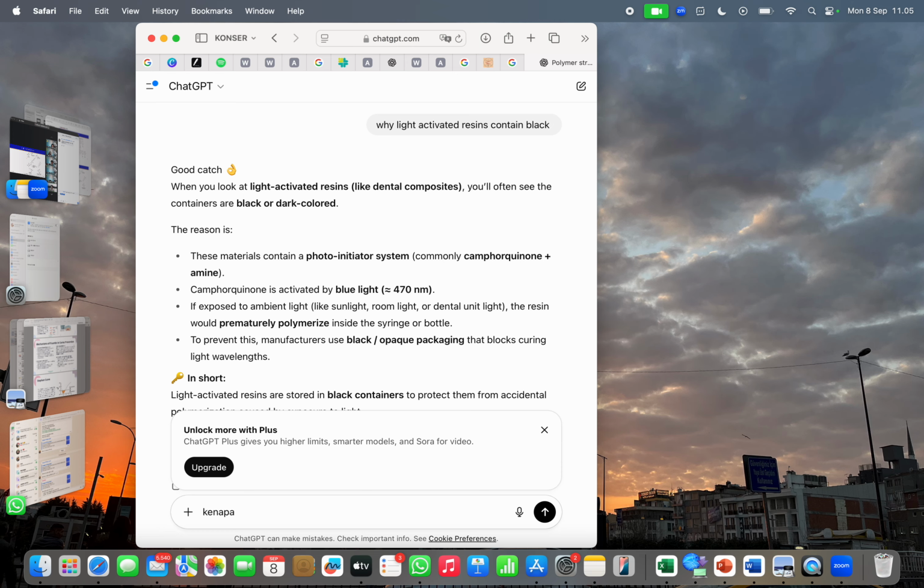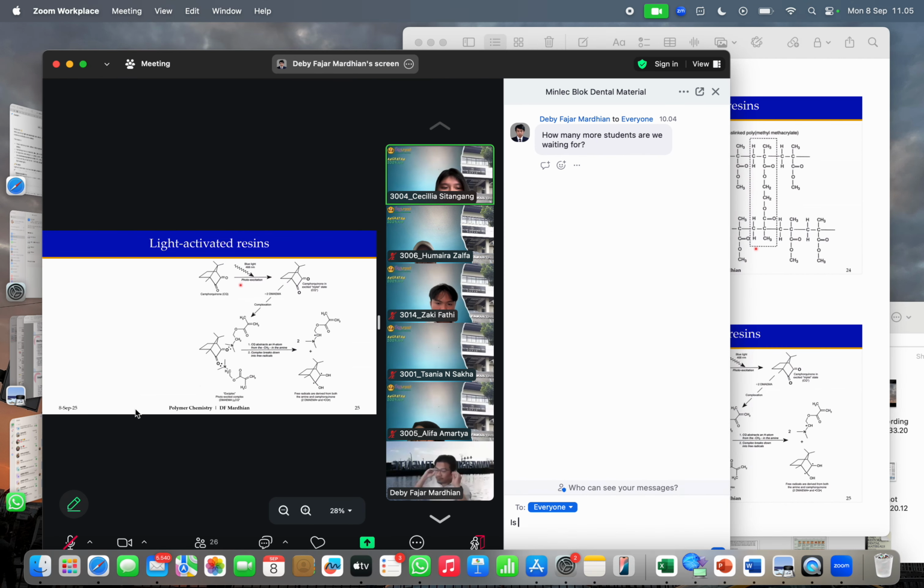Nadine? Light activated resins are stored in black or dark containers to prevent accidental exposure to light. Yes, correct.